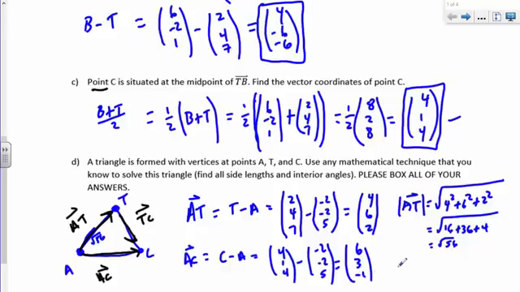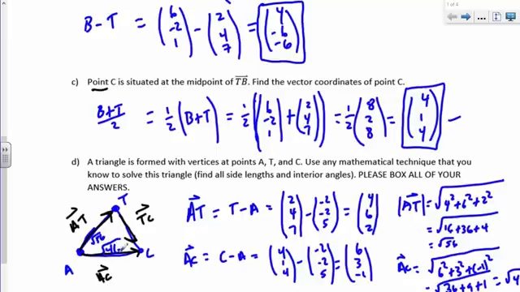And then I'll take the magnitude of AC, which will be 6 squared plus 3 squared plus -1 squared. This will be the square root of 36 plus 9 plus 1, which is root 46. So root 46 is AC, so I'm going to say root 46 is right here.